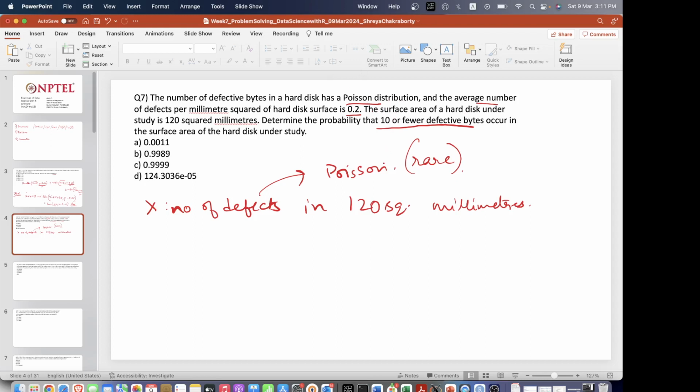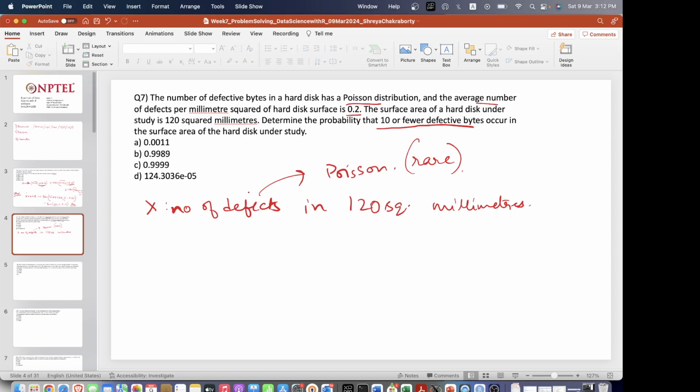But usually whenever something like a rare event or a defect is there, whenever we are modeling defective items which could be countably infinite and the probability of getting that defect is low, then we say that usually it follows a Poisson distribution.